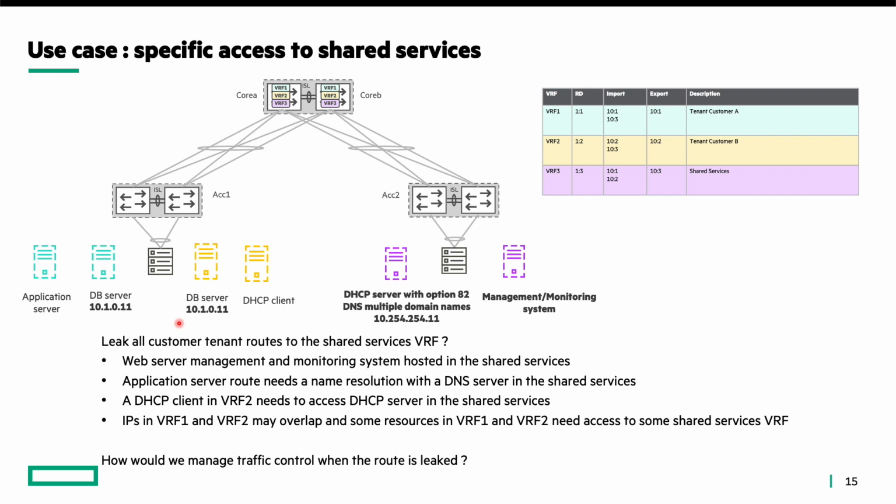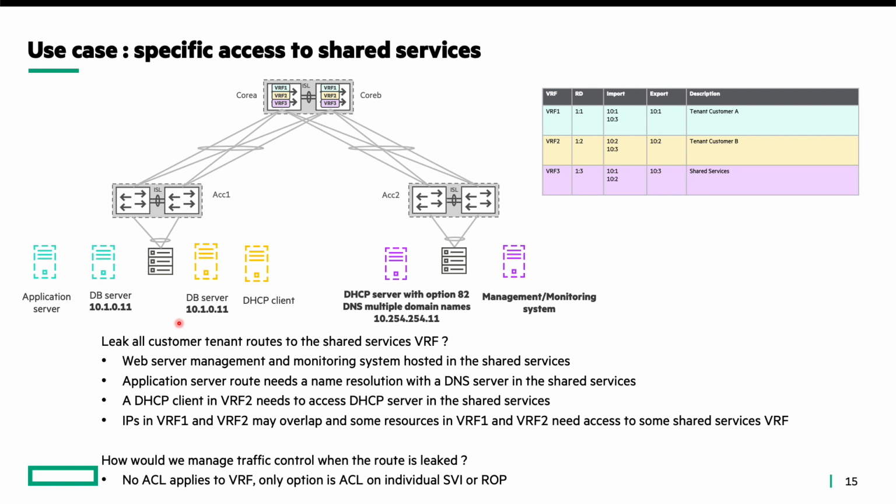And the answer is no, because if we want to control this traffic flow, we need to apply access control lists, and there is no central way, no global point. It's not applicable to a VRF. A layer 2 access list can be applied to a VLAN, so this is possible, but we don't have the concept of a layer 3 access list which is applied to a VRF.